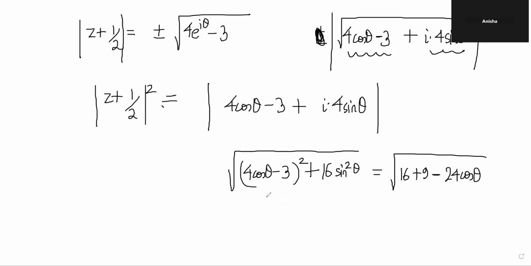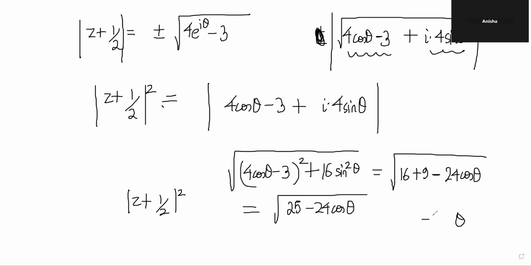So square root of 25 minus 24 cos theta is mod of z plus half whole square. Do we know any theta range? Theta is between minus pi to pi for sure.